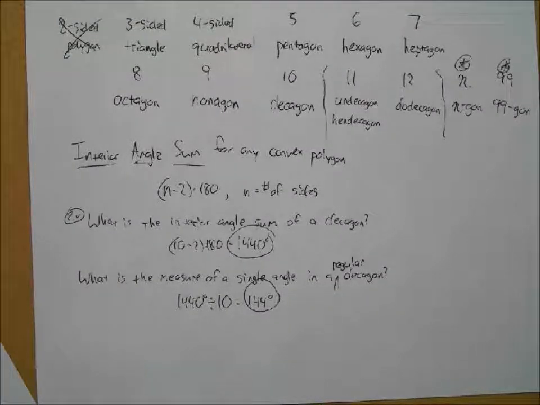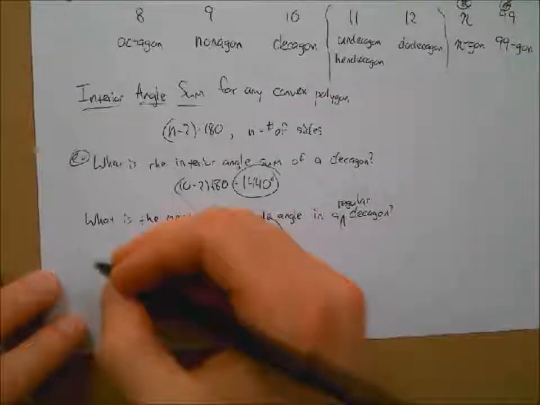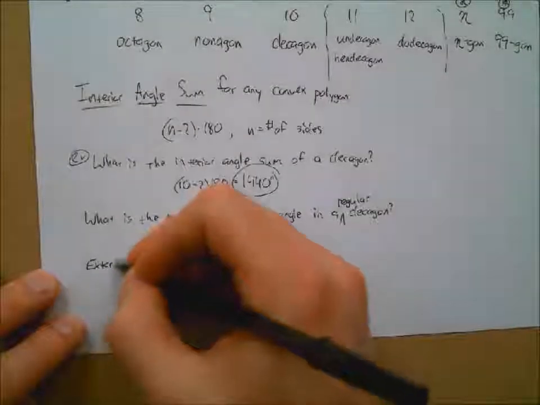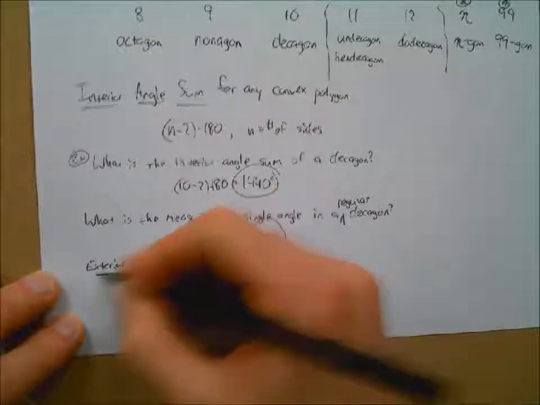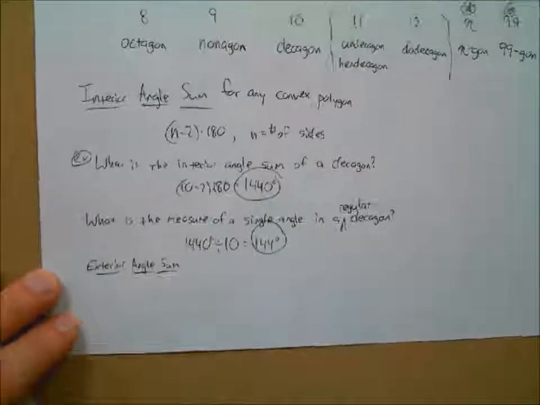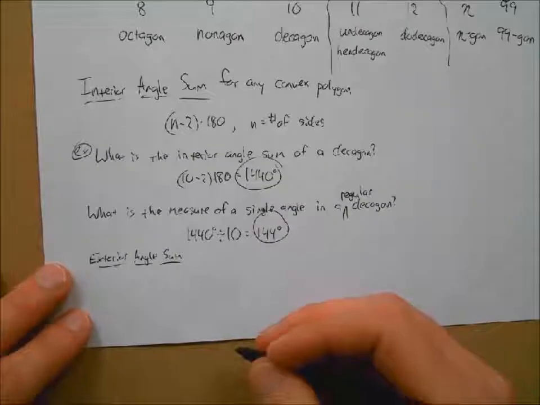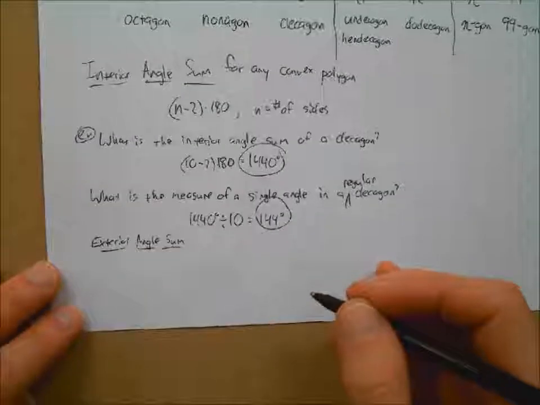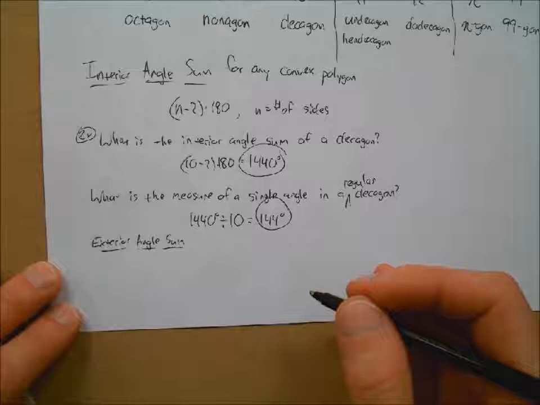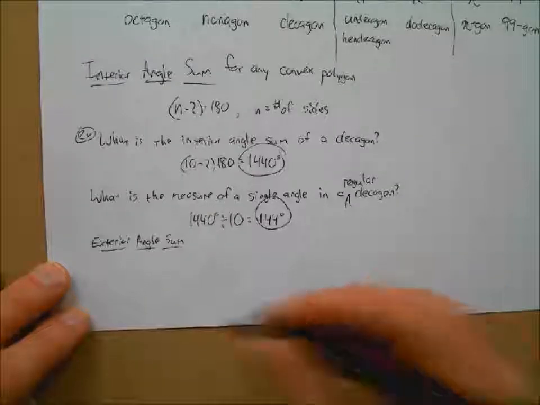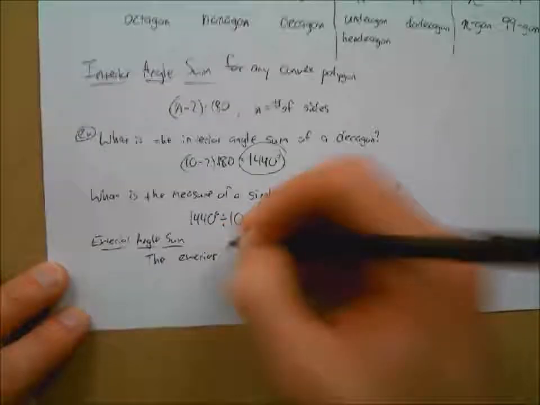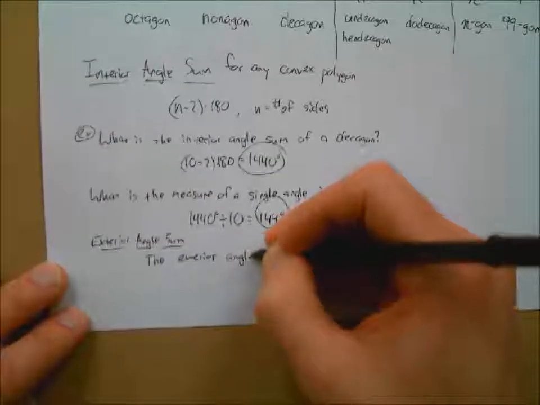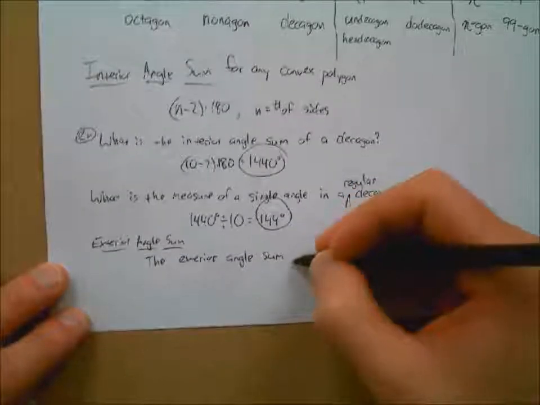Okay. Last thing here, we have the exterior angle sum. We've talked about exterior angles before, way back in the first unit, where we had the triangle exterior angle theorem. The exterior angle sum of a polygon.